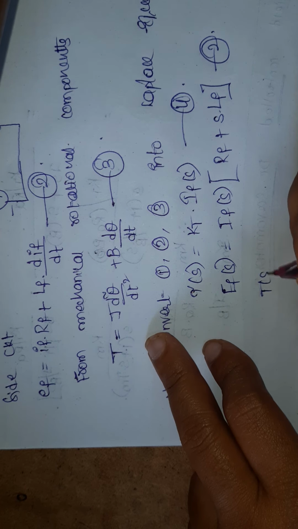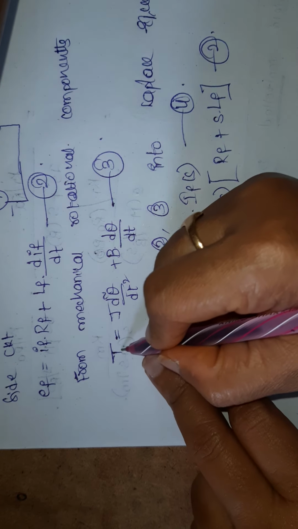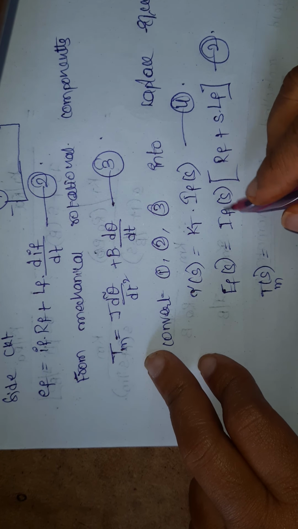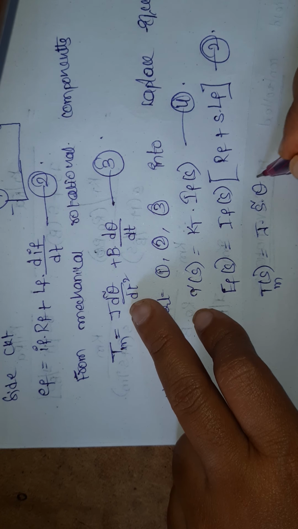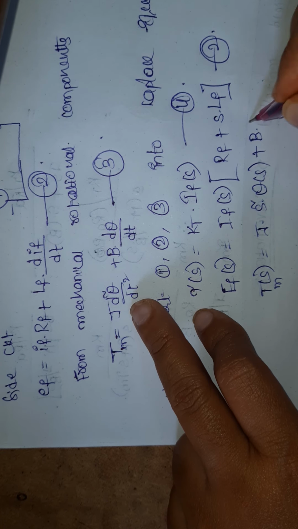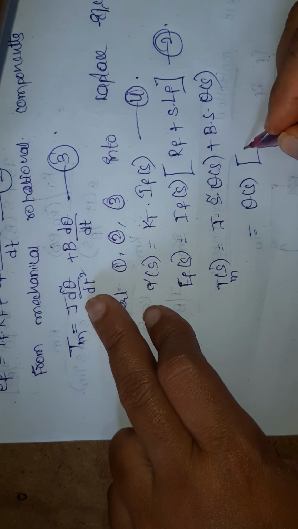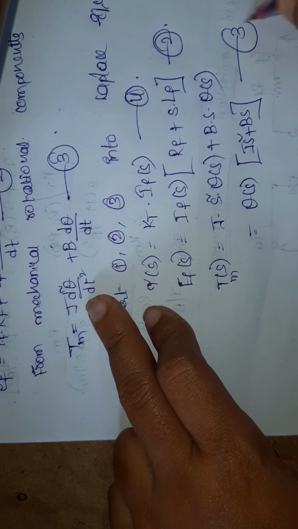Consider it as equation 5. Next, equation 3: torque in a motor, Tm of s equals J into s square into theta of s plus B into s into theta of s. Taking theta of s common, I will get Js square plus Bs. Consider this as equation 6.